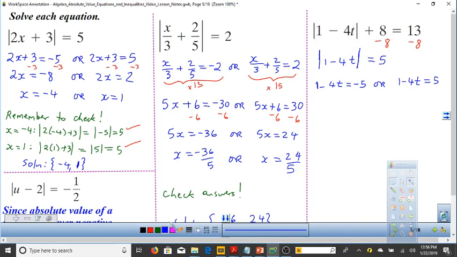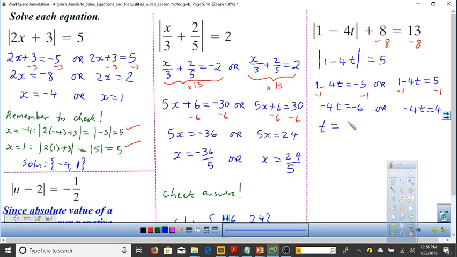First, I would subtract 1 from both sides because I'm trying to isolate the variable. And then I'll have now negative 4t is equal to negative 6 for one equation, and negative 4t is equal to 4 for the other equation. And then we divide both sides by negative 4.